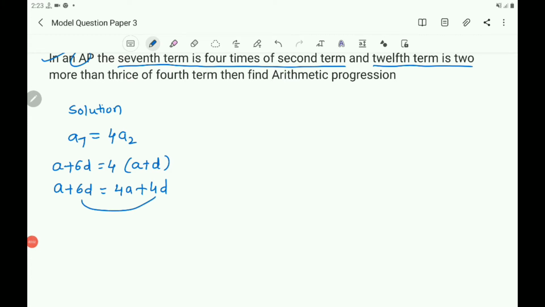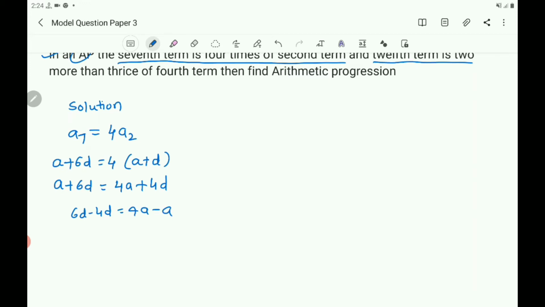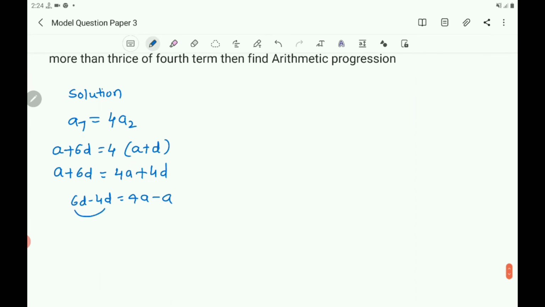You write 6D minus 4D equals 4A minus A. So 6D minus 4D is 2D equals 4A minus A is 3A. So you got that D equals 3A by 2. Consider this is the first relation.